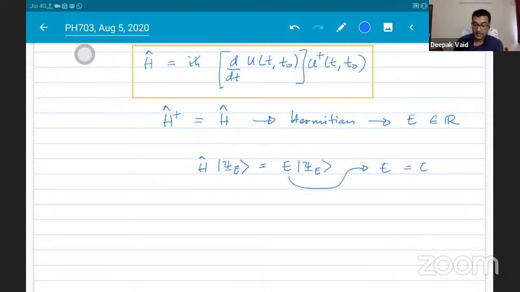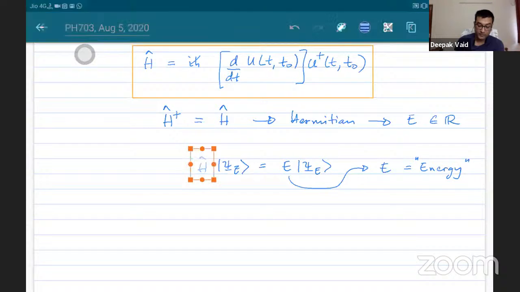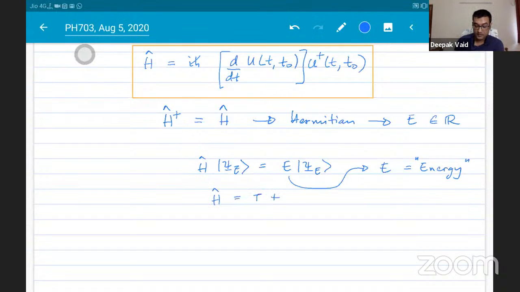This E is the energy of this eigenstate, because if you remember, the Hamiltonian is equal to the total kinetic plus potential energy taken as operators, right? So this quantity is the energy.